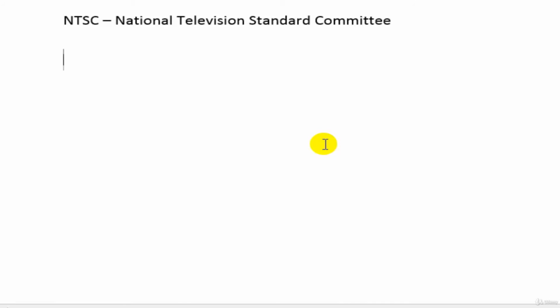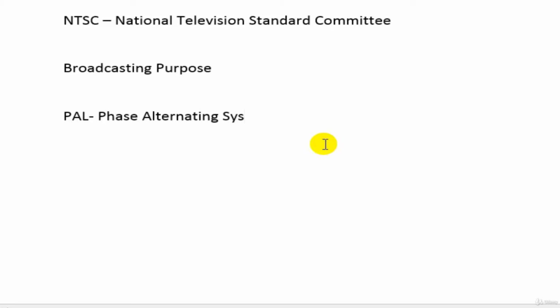You can say this is a kind of format which is used in different countries, say something outside Asia, this NTSC is followed, and this is mainly for broadcasting purpose. There is one more format which is known as PAL. This stands for phase alternating system.